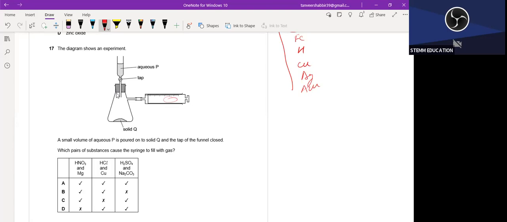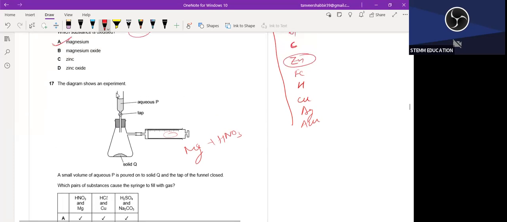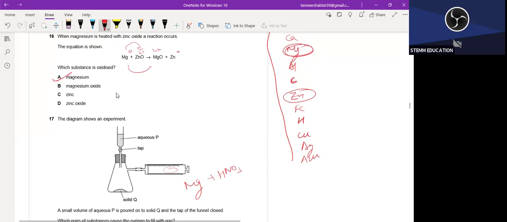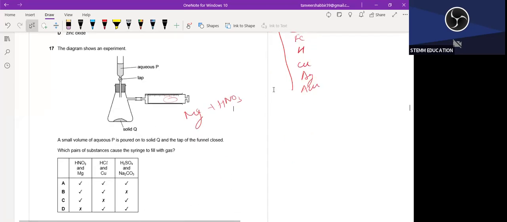So when magnesium is reacting with nitric acid, how will we see this? Magnesium is more reactive than hydrogen. In this you can see that magnesium is above and hydrogen is here, so magnesium is more reactive than hydrogen. It can easily remove hydrogen and take the place of hydrogen.